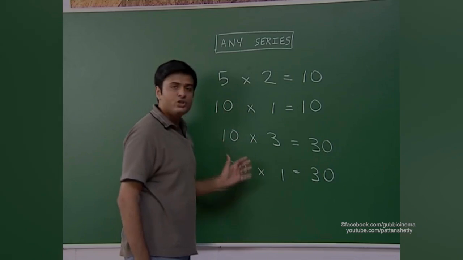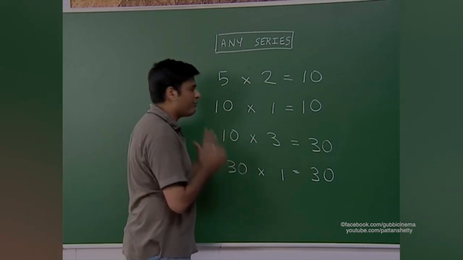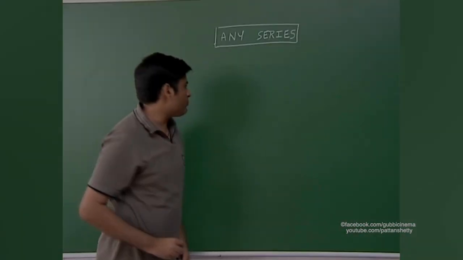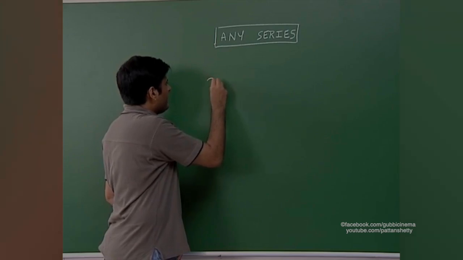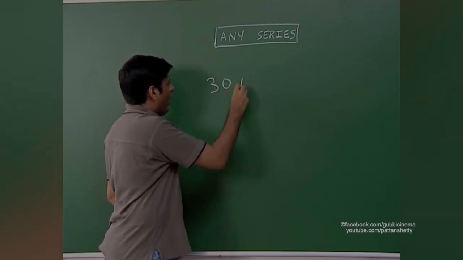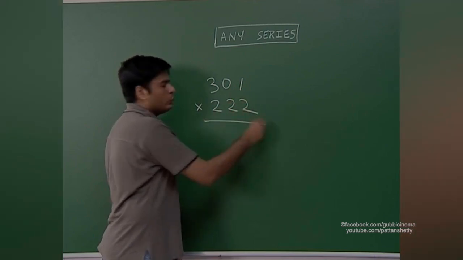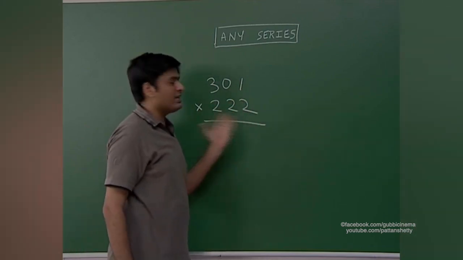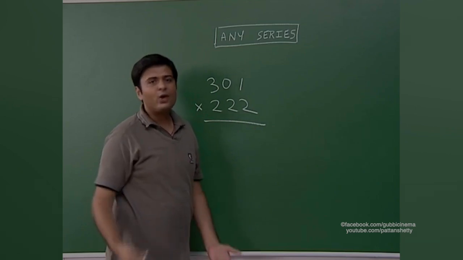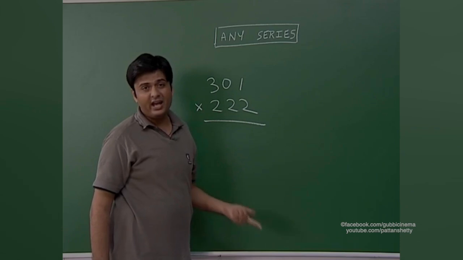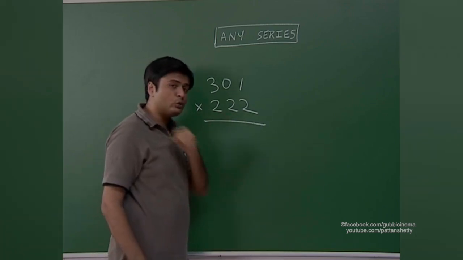The same logic we will be using in the examples that follow, and we will see how quickly we get the answers. So friends, suppose I have to multiply, say 301 by 222. Now, I have a series of 2's over here, but I only know technique with series of 1 and series of 9. What do I do?